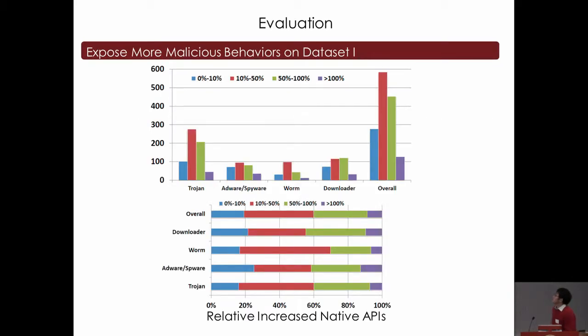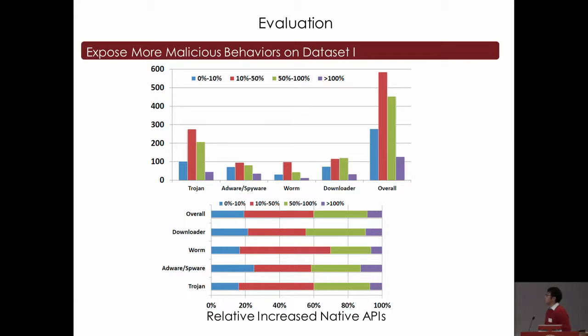So this figure shows how many more behaviors we can expose in different categories of malware. For the general data set, we used VirusTotal to get the category of each family.